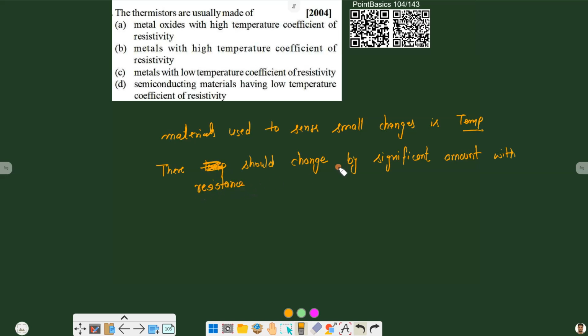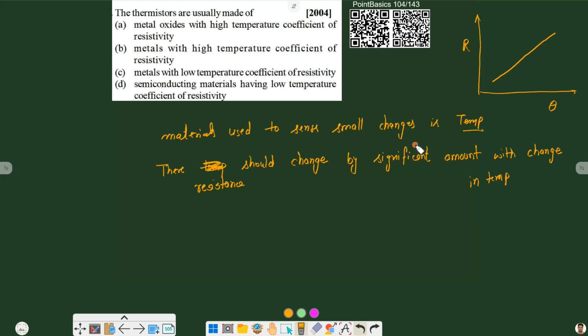Their resistance should change by a significant amount with change in temperature. If their resistance stays constant with changing temperature, then they cannot work as a sensing instrument or sensing material. So their resistance should be significantly changing with temperature, and it should be linearly changing with temperature. Their resistance versus temperature curve follows a straight line.